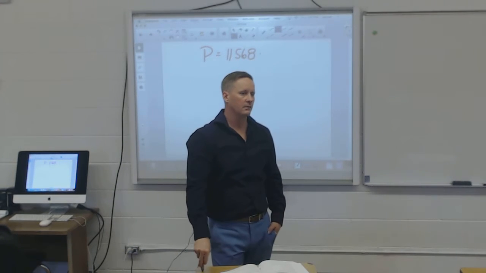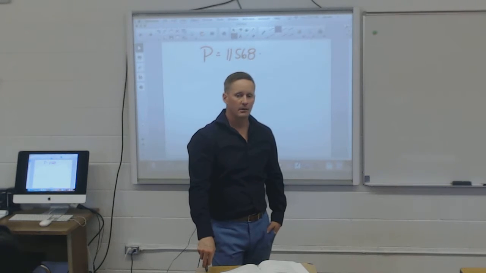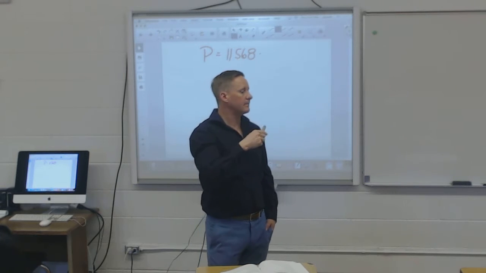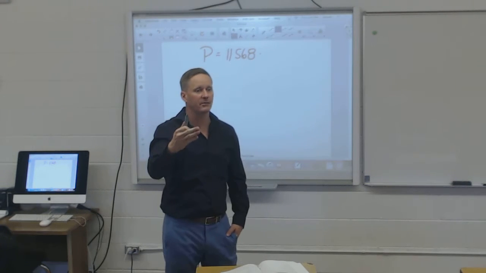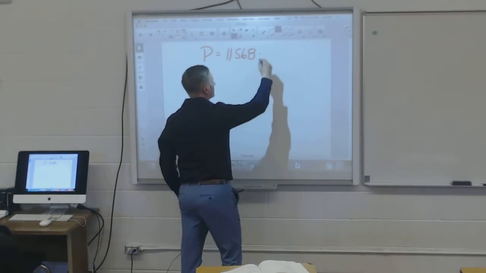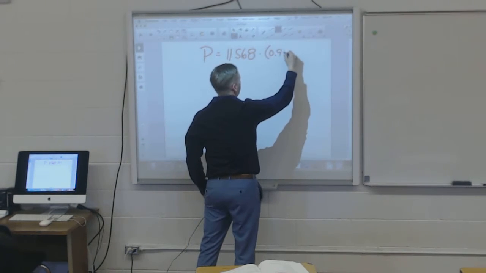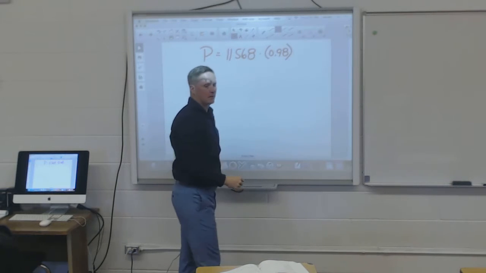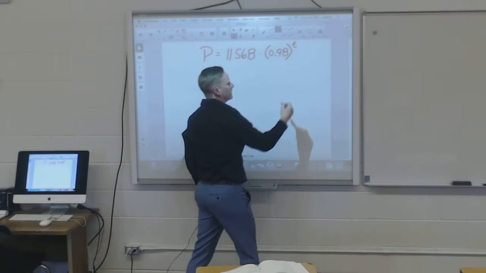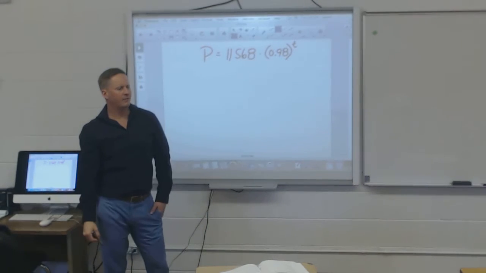Would you times it by 0.98? Yes, you would. Okay, everybody hear that? You're going to decrease it, so you're going to have 98% of what you had the year before, right? So I'm going to times that by 0.98, and after T years. Is everybody following this?